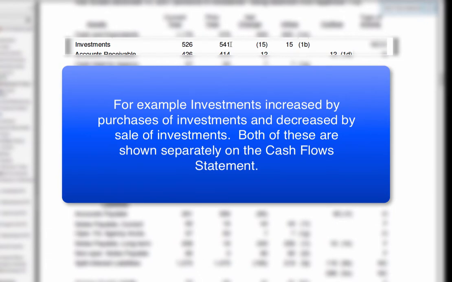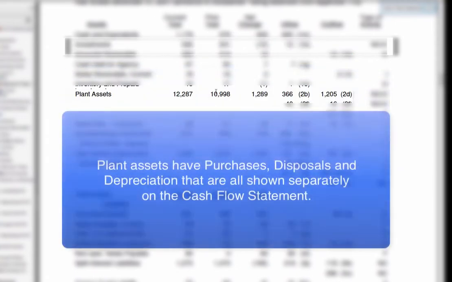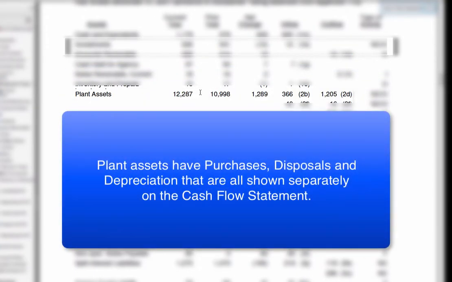For example, under investments, we have purchased investments and we've sold investments. Under notes, non-operating fixed assets, we have purchased new fixed assets and we've had depreciation.